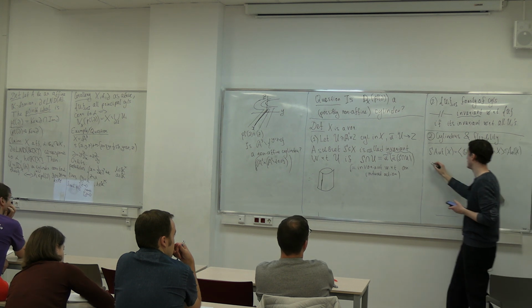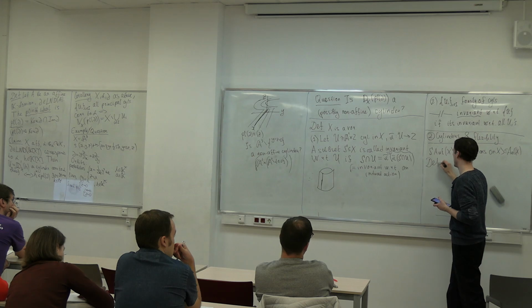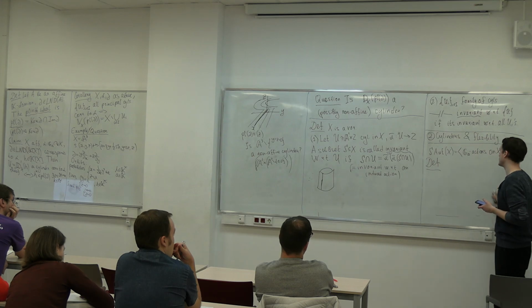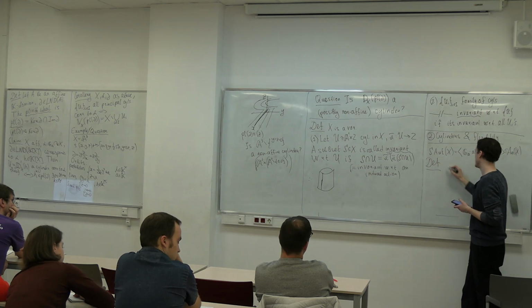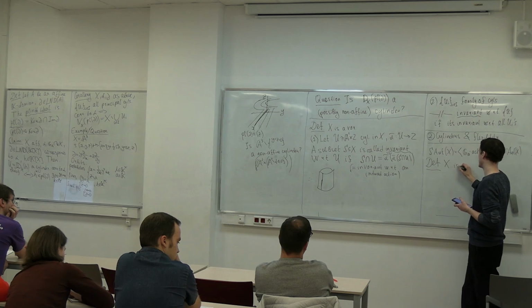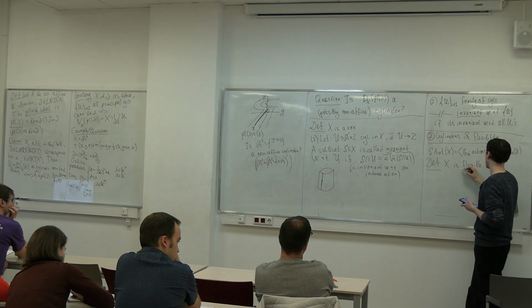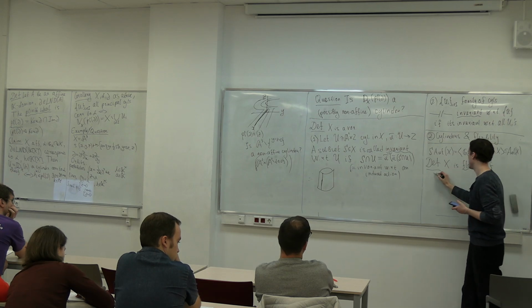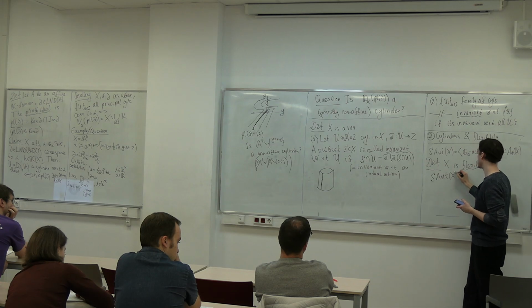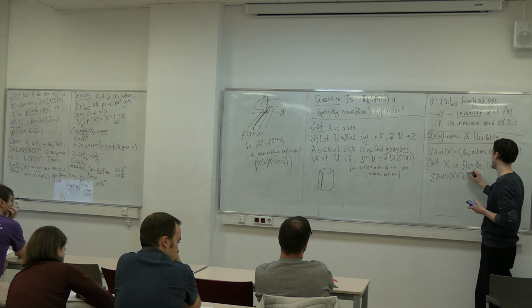And then I just don't want to go into details. I'll just say that X is flexible if this subgroup of special automorphisms acts on the regular locus transitively.